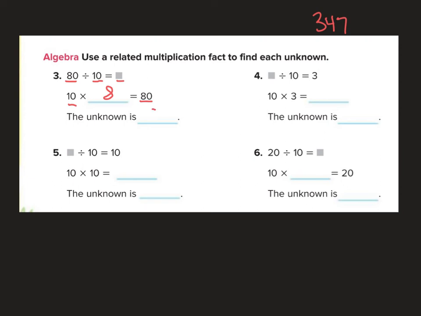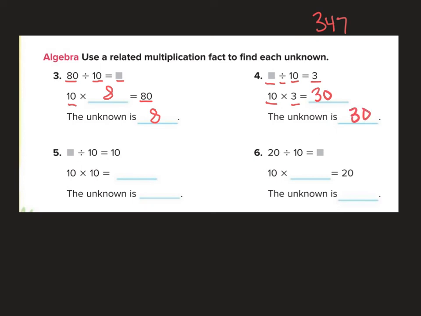So the unknown is 8. Okay. What divided by 10 is 3? Now this is different than the other one. We don't have our biggest number. We have the two factors, or the quotient and the divisor. We've got to find it. So I'm going to do 10 times 3 to find that. 3 tens are worth 30. So our unknown here is 30.